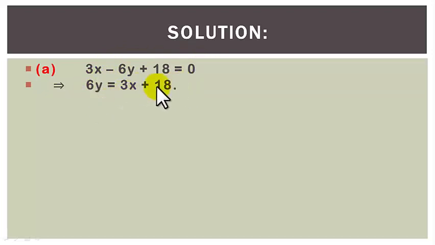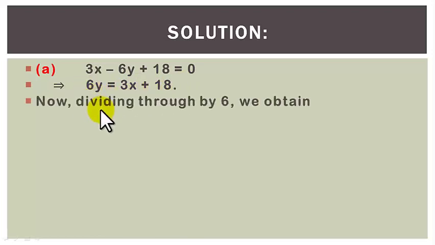We can now divide through by 6 to obtain y equals 3x over 6, that will give us half x, plus 18 over 6 will give us 3. This is the slope-intercept form of the equation of a straight line. Here the slope is half, while the y-intercept is 3. So that is m is equal to half and c equals 3.